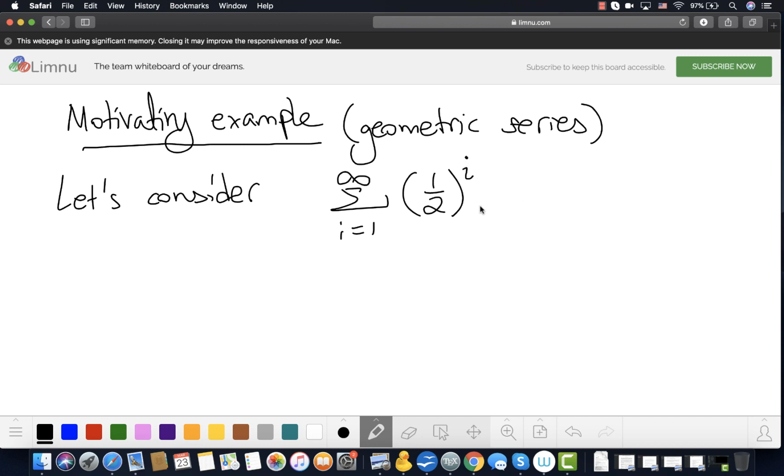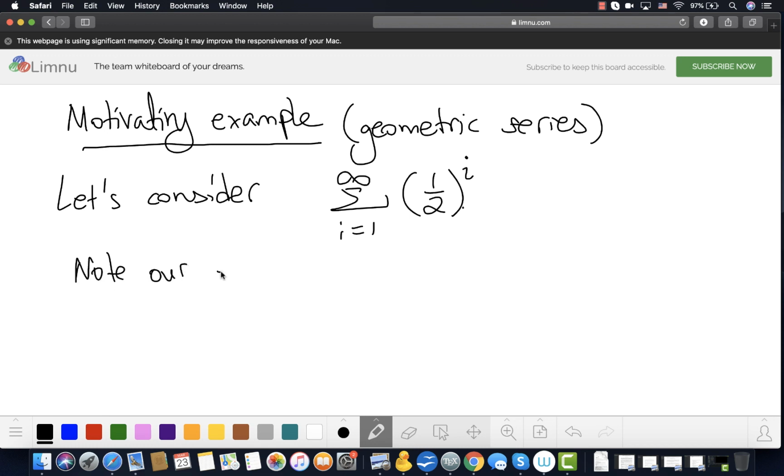So we're just trying to add up the numbers 1/2 plus 1/2 squared plus 1/2 to the power of 3 plus 1/2 to the power of 4 forever, and we'd like to understand what this quantity converges to.